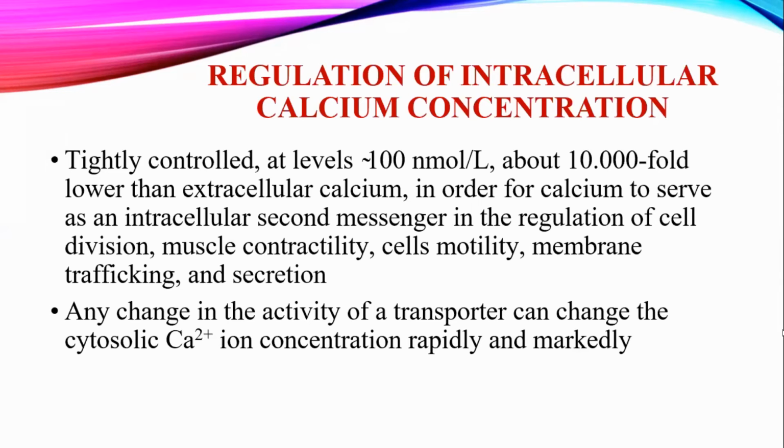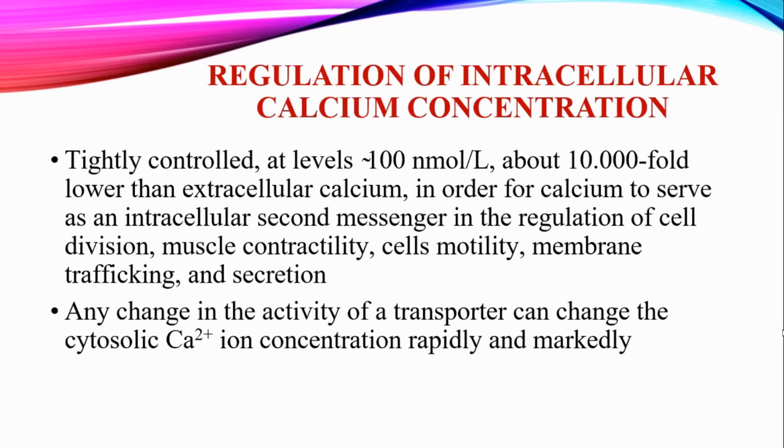The main function of intracellular calcium is that it acts as a second messenger, involved in different activities of the cell, such as the regulation of cell division, muscle contractility, cell motility, membrane trafficking, and secretion. Any change in the activity of a transporter can change the cytosolic calcium ion concentration rapidly and markedly.